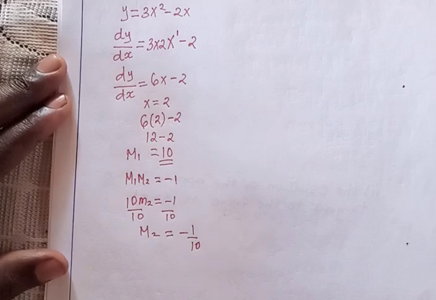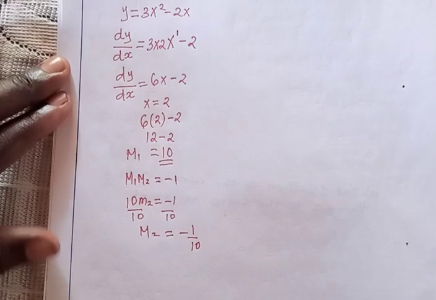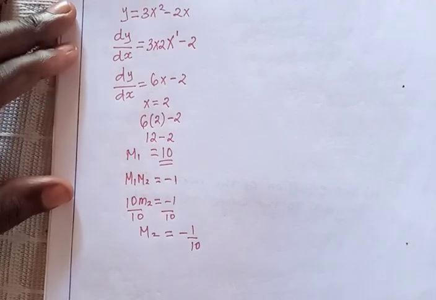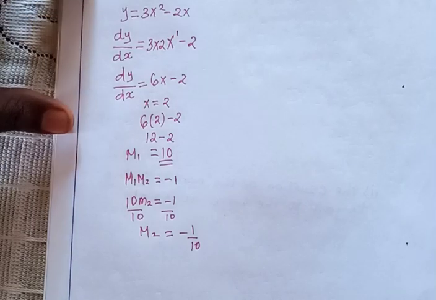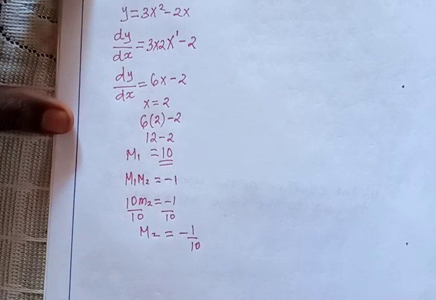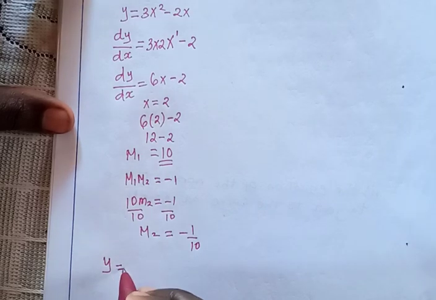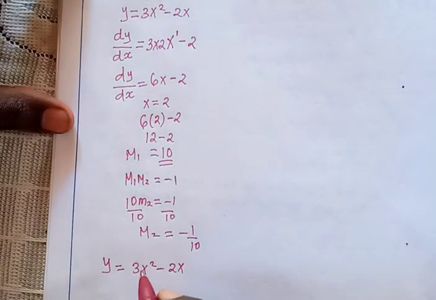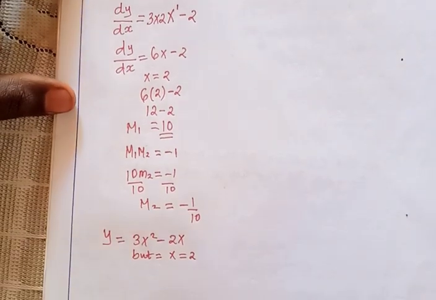Now the next thing that we are interested in is the coordinate for y. We already have the coordinate for x, so we must obtain the one for y so that we'll be able to work out that equation. Let us go back to our equation y is equal to 3x squared minus 2x, but we've been told that x is equal to 2. So where we see x, we replace it by 2.